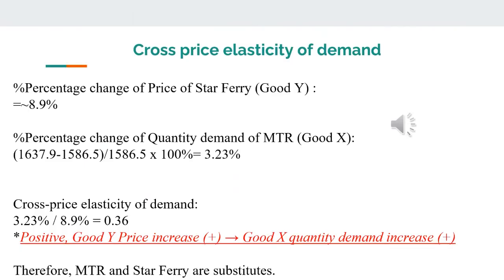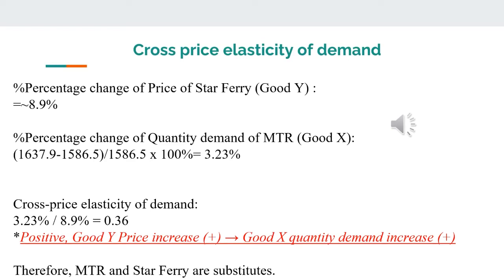From the economic perspective, now we will explain the concept of cross-price elasticity of demand. It measures the sensitivity of quantity demanded to the price of a related good. The percentage change of price of Star Ferry, good Y, is 8.9%, and the percentage change of quantity demanded of MTR, good X, is 3.23%.